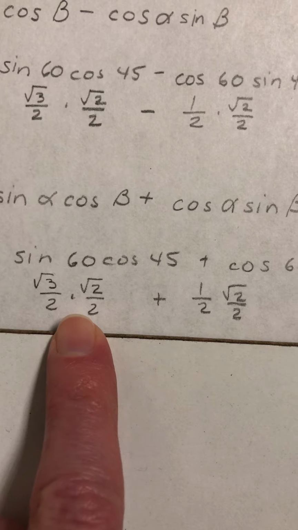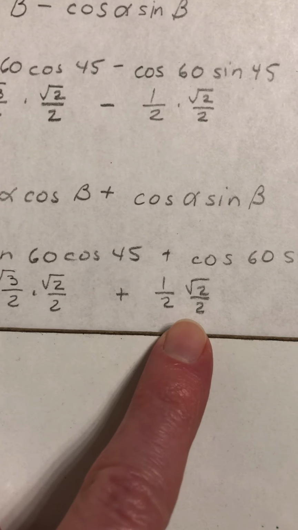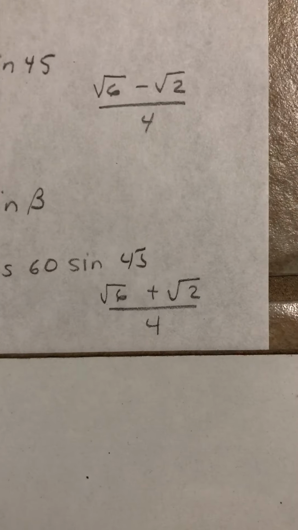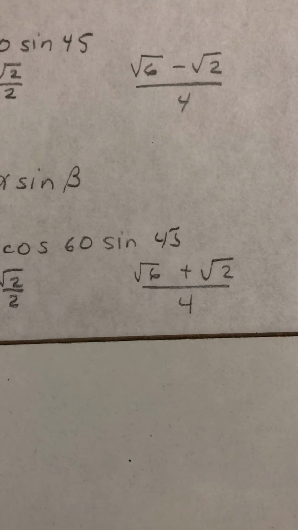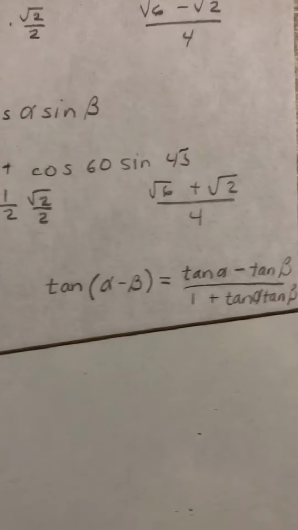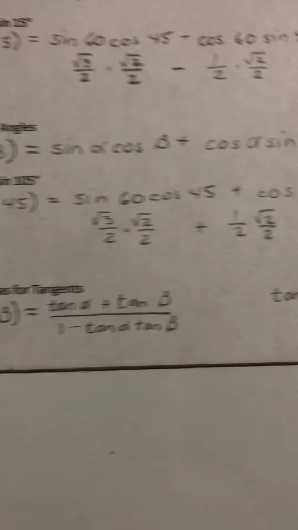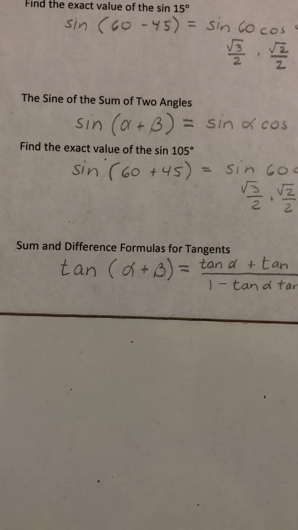This is going to be radical 6 over 4. This is going to be radical 2 over 4. When you add them together, it's the square root of 6 plus the square root of 2 all over 4. And then you have some formulas for tangent.